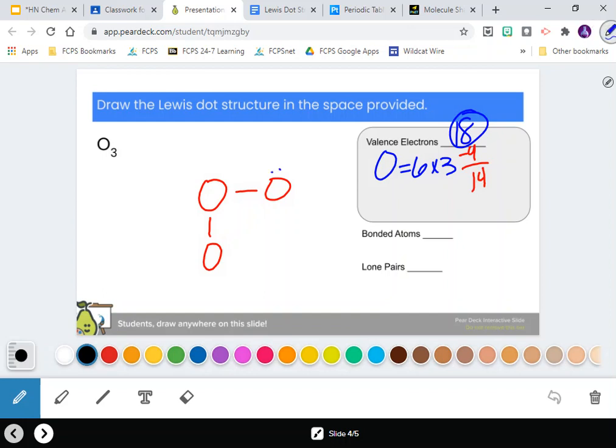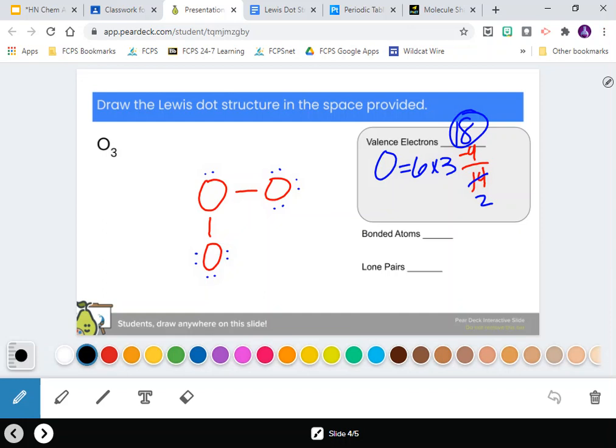Now we're going to satisfy the octets here. I just did 12, so now I'm down to 2, and then I have one more up on the central atom. Are we good to go here? No, the middle oxygen does not have a complete octet.